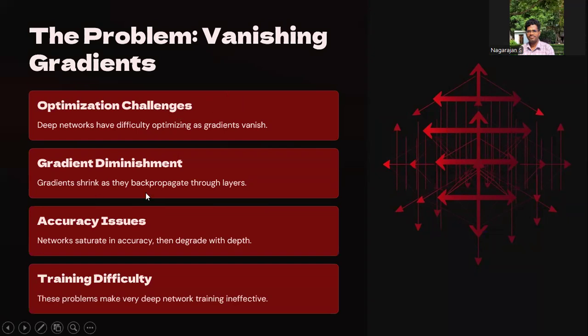These issues also affect backpropagation through the layers and accuracy, because with a good network you can avoid the vanishing gradient issue and increase accuracy. And these kinds of problems affect deep neural network training and make it ineffective.